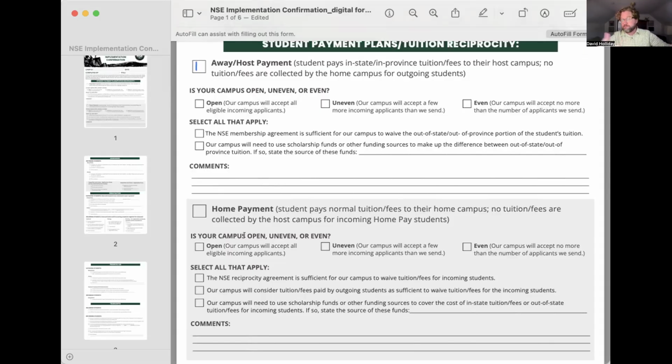Are you open, meaning you'll accept any and all eligible applicants on that tuition plan? Uneven means you have a little bit of flexibility. You can get a little out of balance, but not crazy, not wide open. And then we do have some campuses that do have to remain even on home tuition plan. And so that has to do with real tuition dollars on the campus. Incoming students' tuition is actually paid by those outgoing students on home payment.